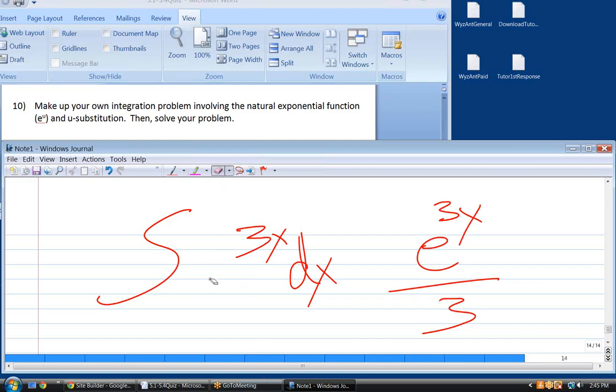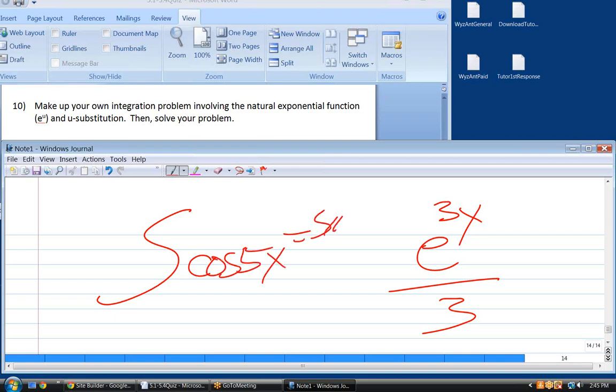Same way that the integral of cosine of 5x is sine of 5x divided by 5. These transcendental functions are like that, where you don't have to actually use u substitution if you recognize that it's just that divided by the coefficient.